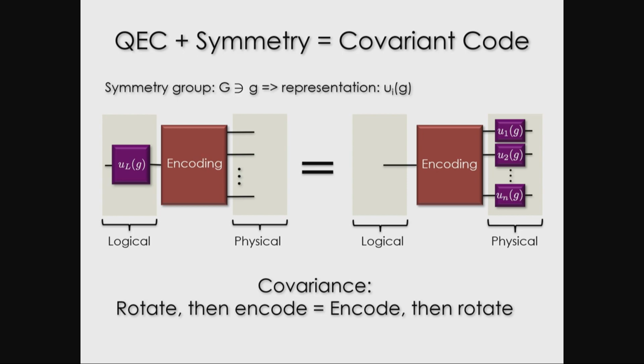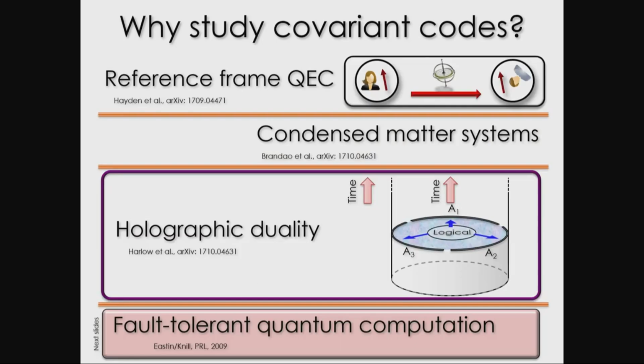In other words, covariance means that rotating and then encoding is the same as encoding and then rotating. Importantly, here we have a tensor product representation operator acting on the physical Hilbert space. We can relax that condition a little bit, but I'm going to focus on this construction for this talk.